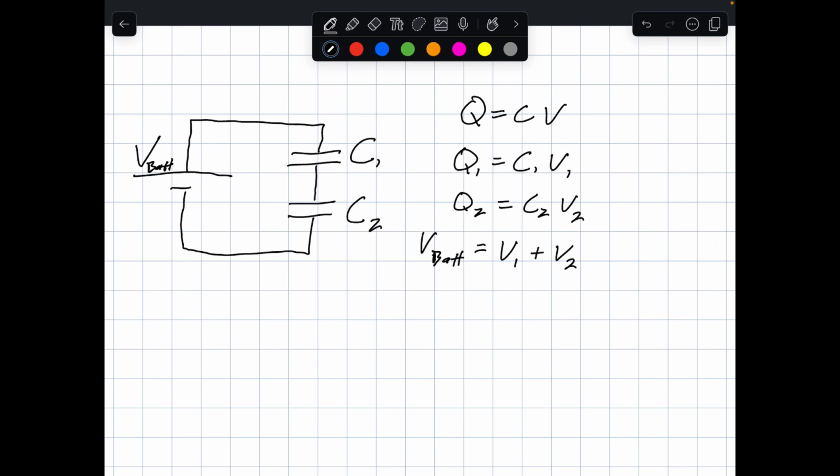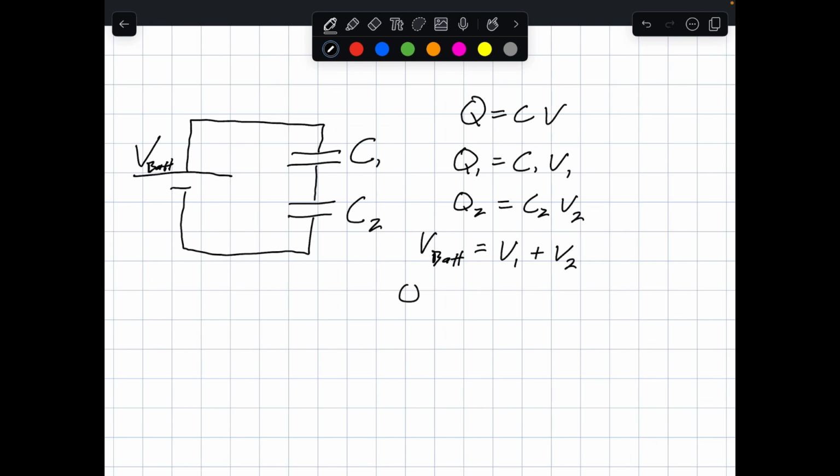Okay. Now, the thing that we know also, because the capacitors are in series, is that they have the same charge on them. When we get to circuits where there are resistors, and when resistors are in series, they'll have the same current because it's the same flow of charge. The idea here is conservation of charge. So whatever charge collects on capacitor 1 also has to collect on capacitor 2.